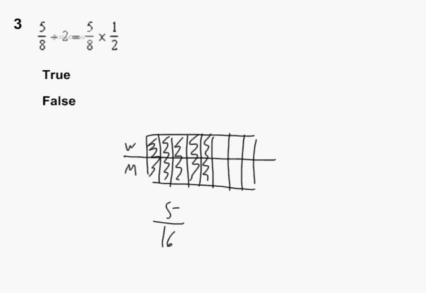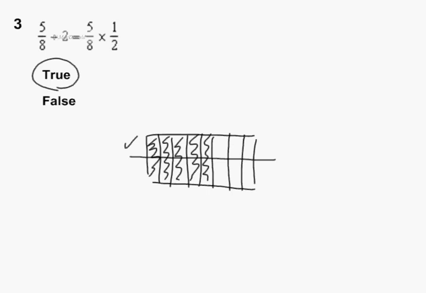But if I did 5/8 divided by 2, I would draw the exact same thing, except I would say 5/8 divided by 2. This would be each person's cut, or half of 5/8. So the answer would be the same thing, 5/16. So they are true. Dividing by 2 and multiplying by a half gives you the same thing.